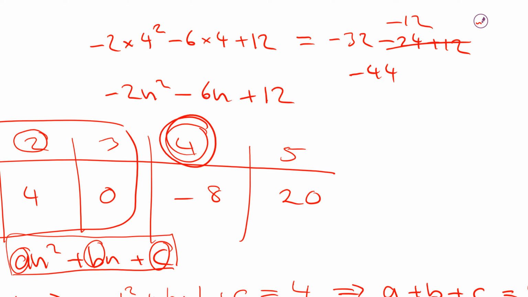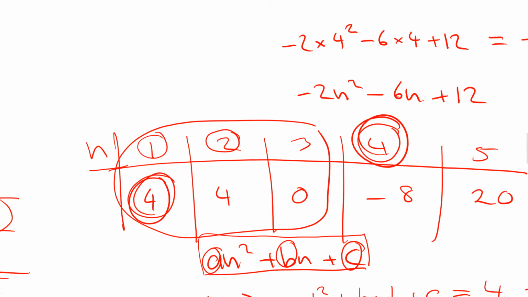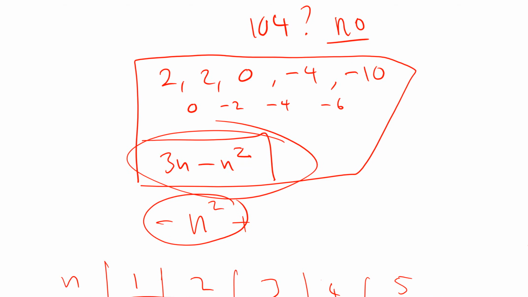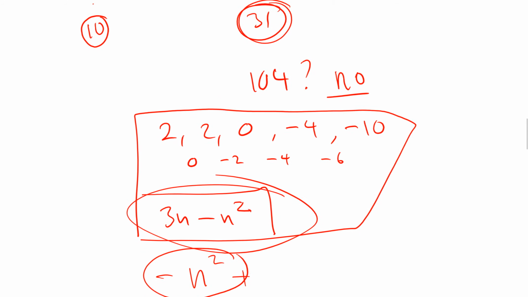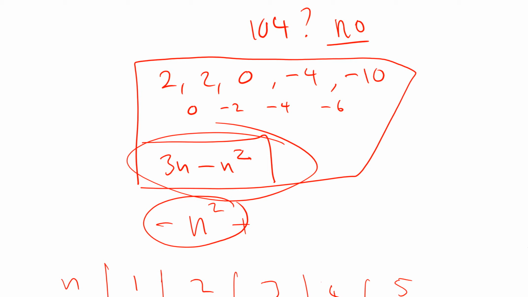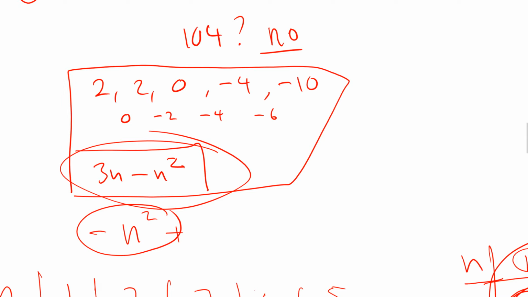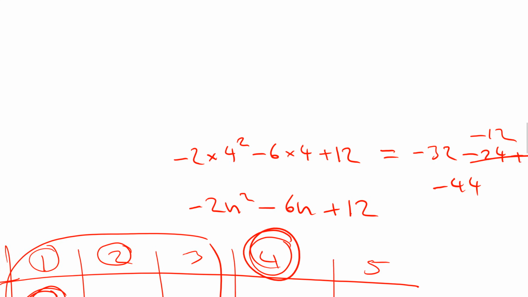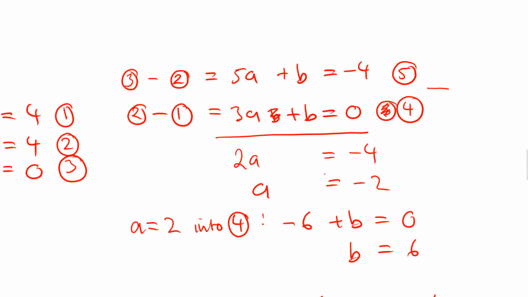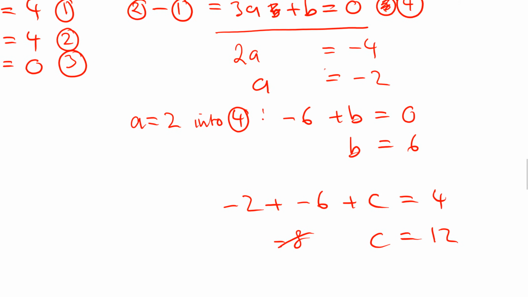I remember the equation was something like minus 2n squared plus 6n. So somehow, that could have been a mistake. b was 6, not minus 6, and then I put minus 6 here, which would have messed it up more.